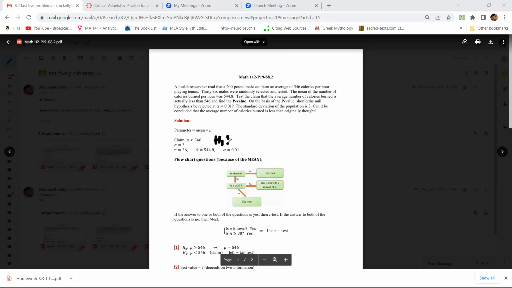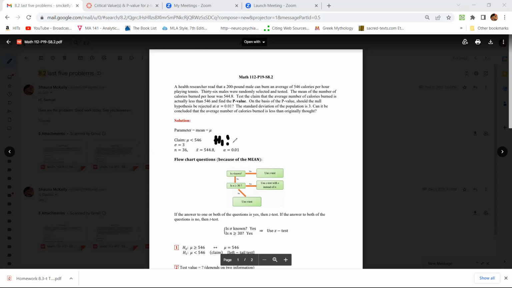We start with the flowchart questions. At some point, I'm going to jump to 8.3. Maybe not in this video, maybe in the next one, but it will be labeled for you, and you'll have an example of that.